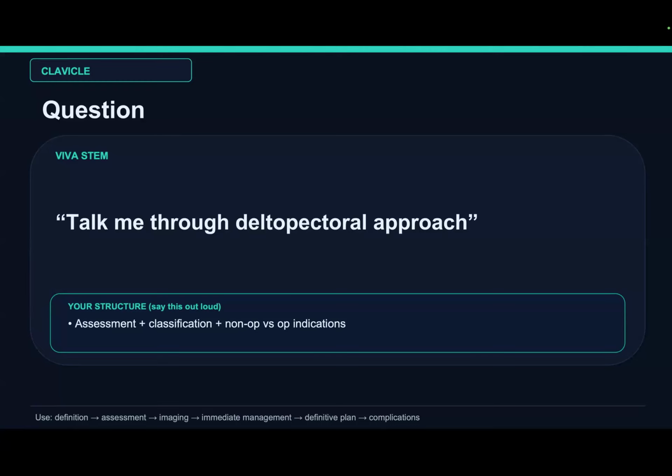I will identify the deltopectoral plane, and then retract the cephalic vein as well as the deltoid laterally and the pec major medially. Then I will split the deltopectoral fascia and identify the coracoid, staying lateral to it to protect the neurovascular structures.